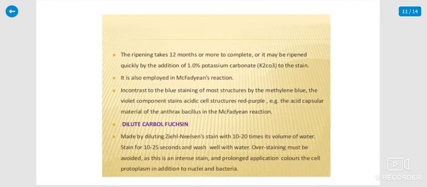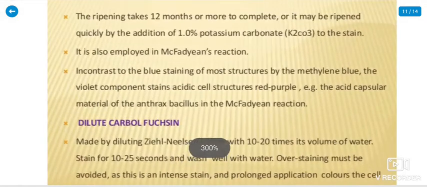The ripening takes 12 months or more to complete, or it may be ripened quickly by the addition of 1% potassium carbonate, K2CO3, to the stain. It is also employed in McFadyean's reaction.